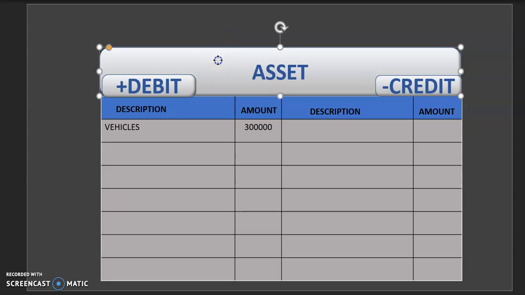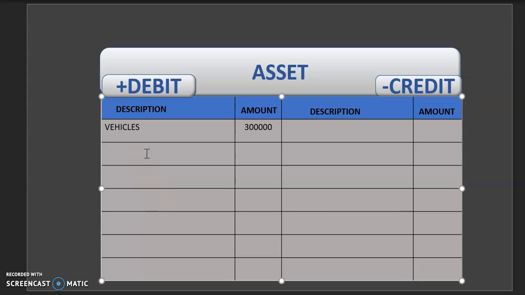Why is this good for the business? Number one, our asset register went from 0 to 300,000 Rand. That's a positive. Therefore, we record that on our debit side, because going from 0 to 300,000 Rand is a good thing. Therefore, anything good or positive goes to your debit side.